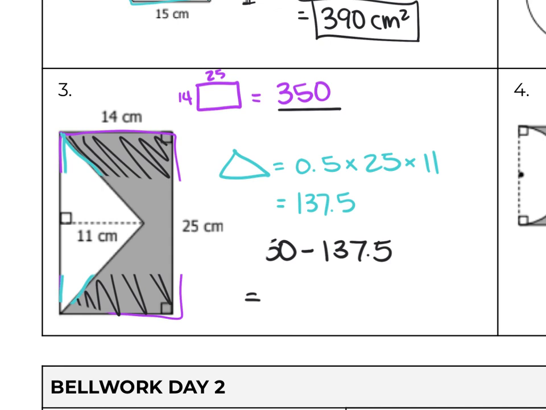So cut out, do you think add or subtract? Subtract the triangle. Okay? I got 212.5. And is that area? Do I need to square my units or not? Yes. Yes, good.